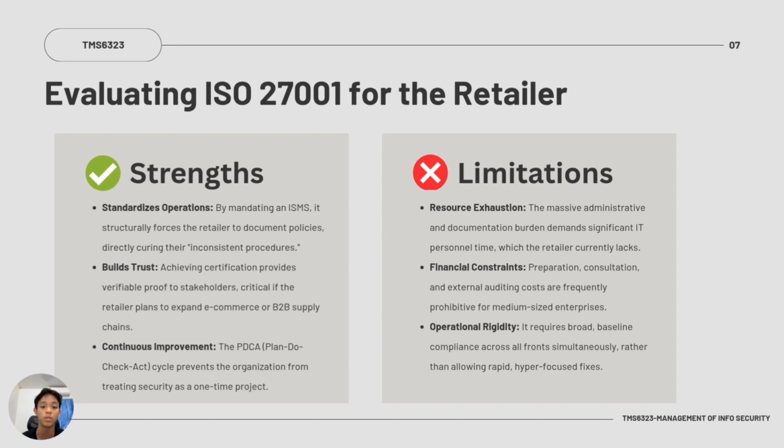However, the limitations for a medium-sized business are several. The massive administrative burdens, resource exhaustion, and high financial costs of external auditing are often prohibitive for a small IT team. It demands comprehensive baseline compliance rather than allowing the retailer to rapidly target their immediate threats.